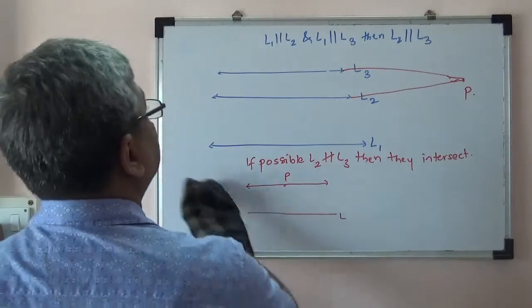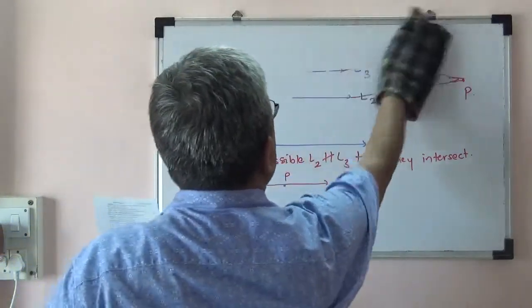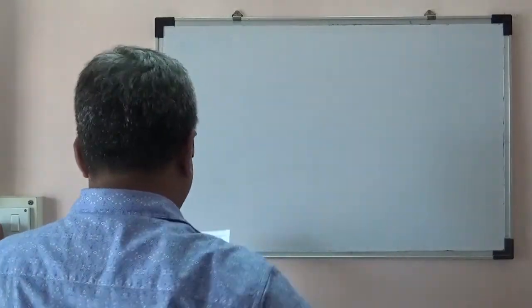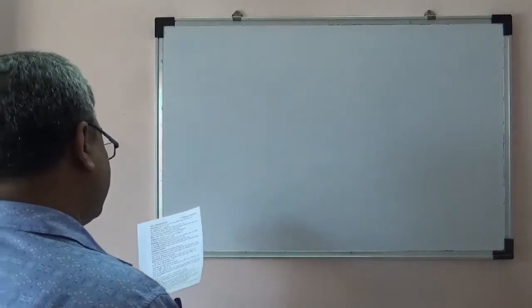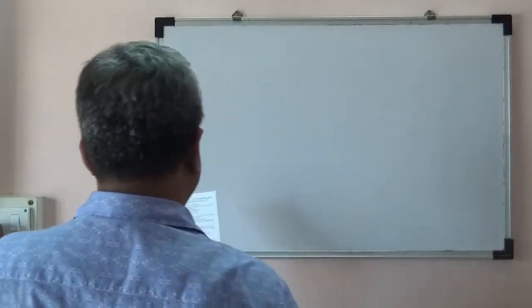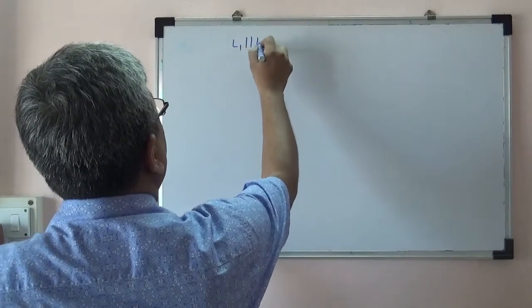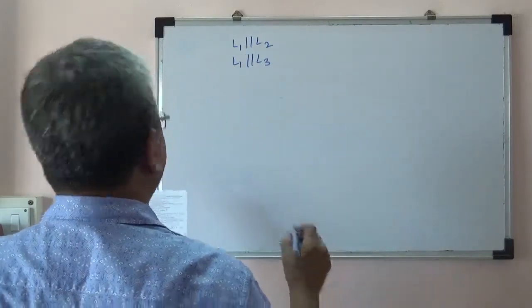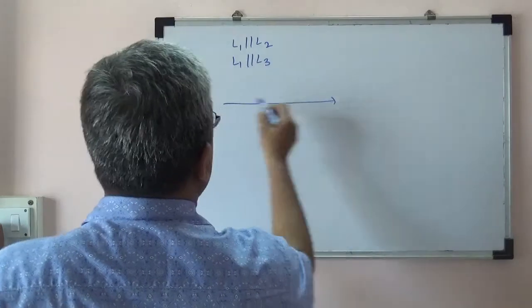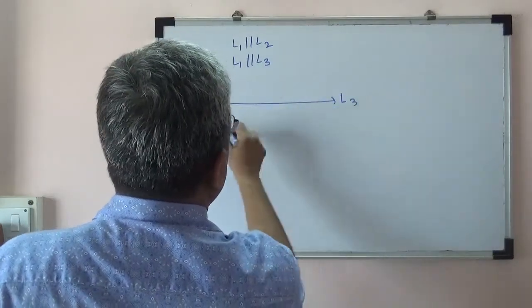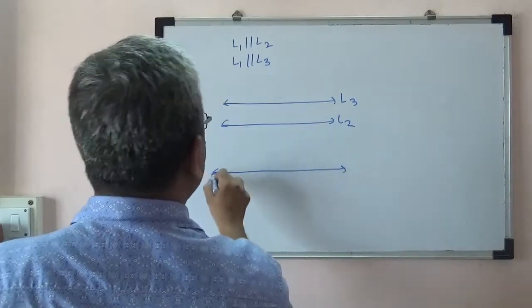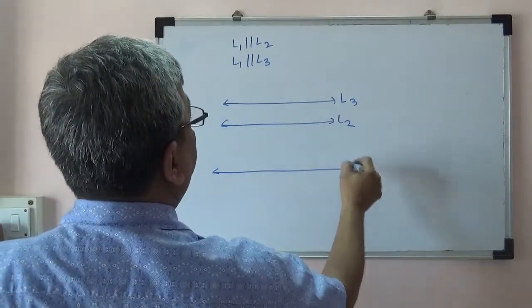Okay, now let us do the common transversal theorem. The common transversal theorem says that there are three distinct lines, L1 parallel to L2, and L1 parallel to L3. Then there exists a transversal, so the diagram is more or less the same, L3, L2, L1 and a line.